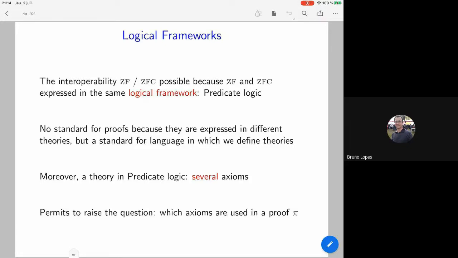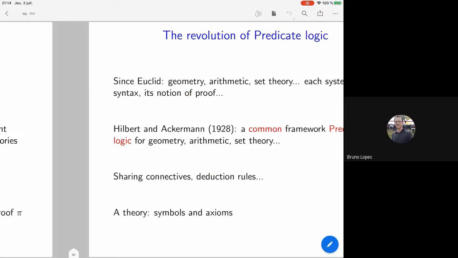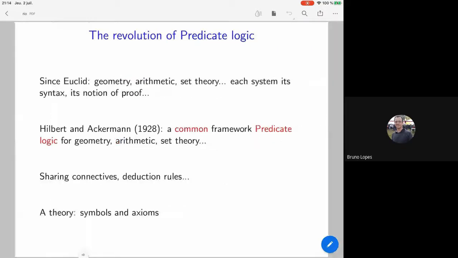So the invention of predicate logic was really a revolution in logic. Because before we had this first logical framework, every logical system was defined independently of the others. So since Euclid, geometry, arithmetic, think of Peano arithmetic, set theory, think of Cantor set theory, or even Zermelo's set theory.